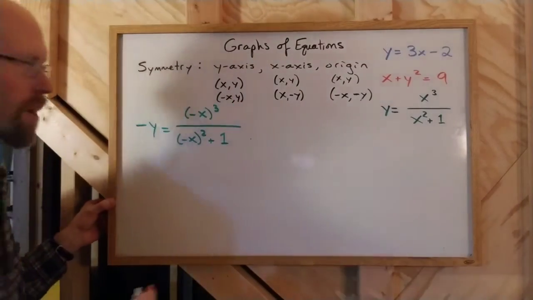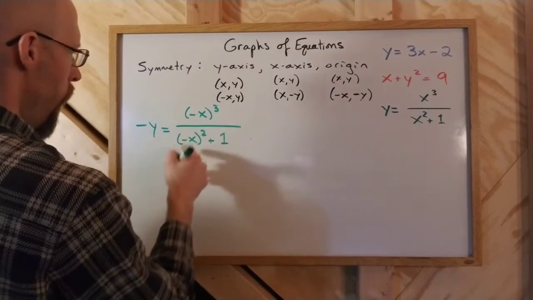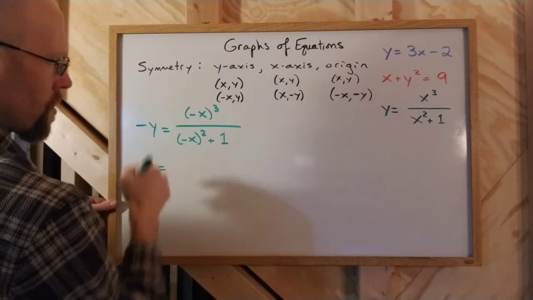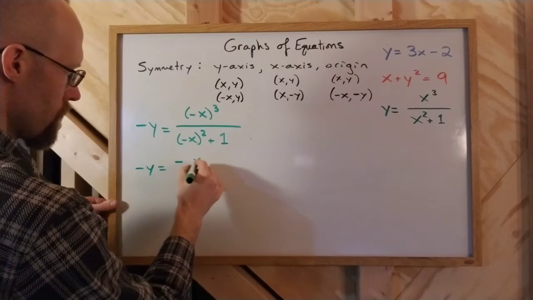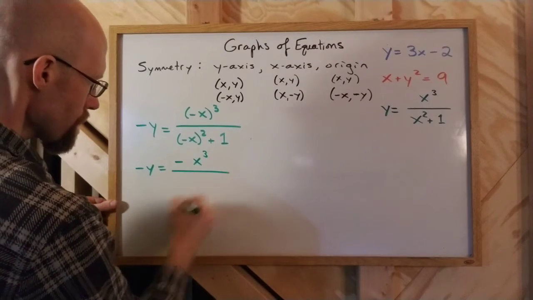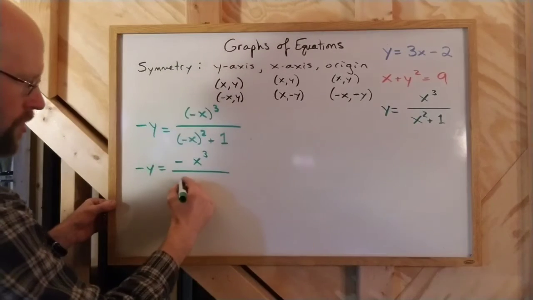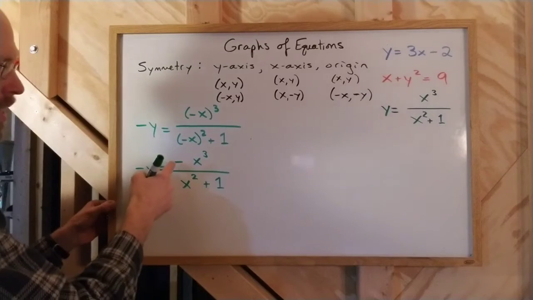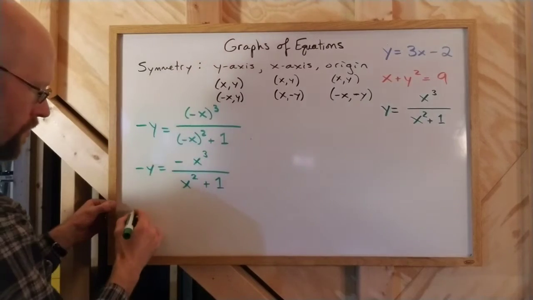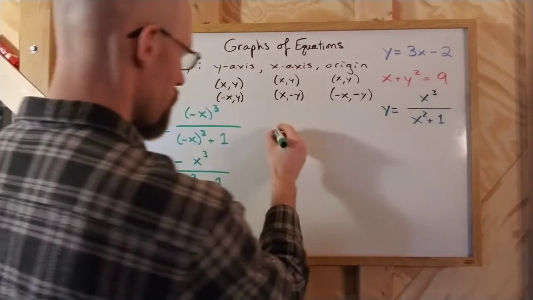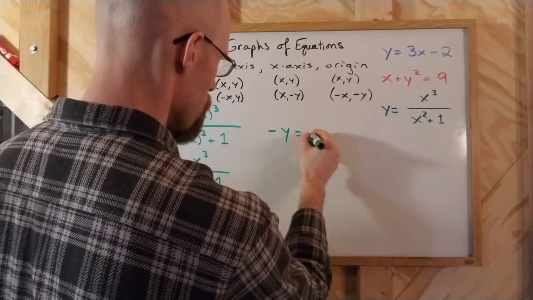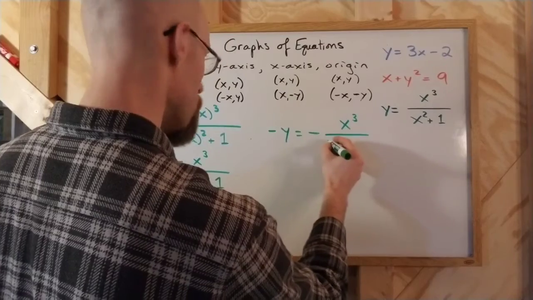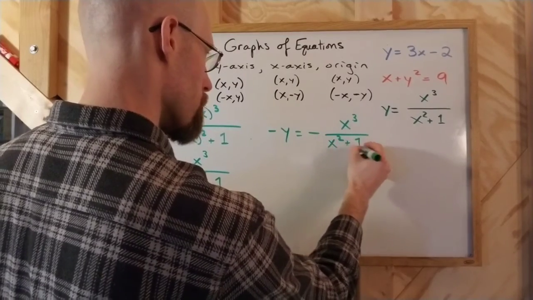And if I simplify, well, on the right side, I'll do the same thing. Negative x all cubed is really just the negative of x cubed. Negative x squared is just x squared plus 1. We'll add the 1 in there. And now this negative I could always pull out, so it's negative y equals negative of the fraction x cubed over x squared plus 1.